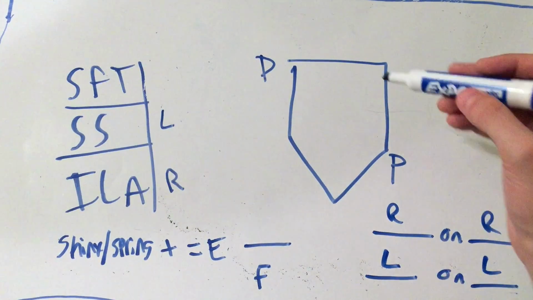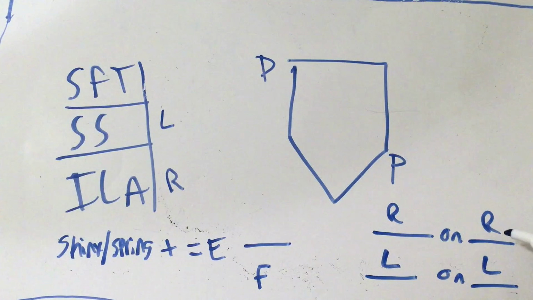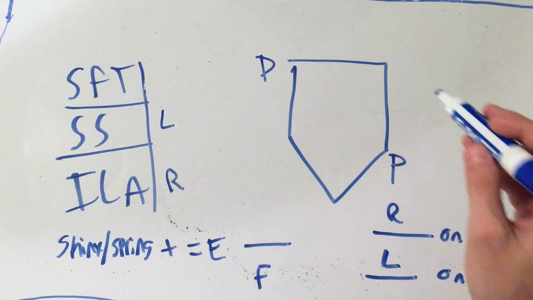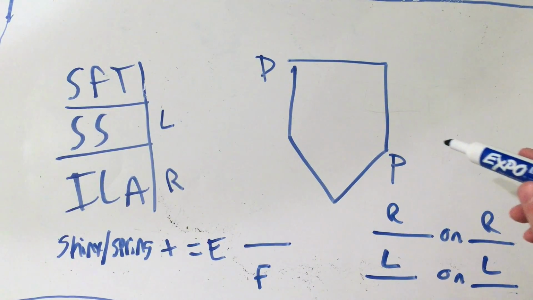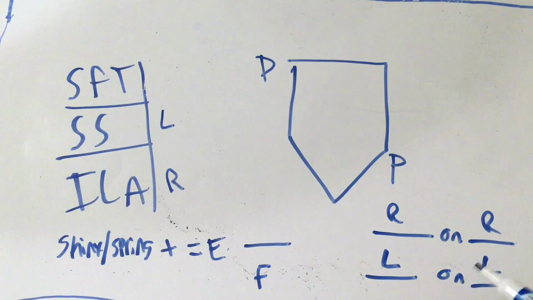Now, if you're looking at this picture, the only way that you're going to be able to get either a right on right or a left on left is if one side is deep, one side is shallow. So the deep side has to be going forward for you to get one of these dysfunctions.